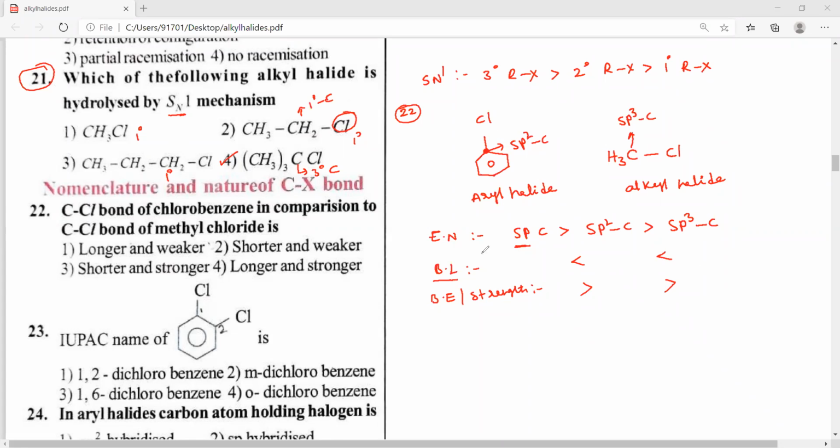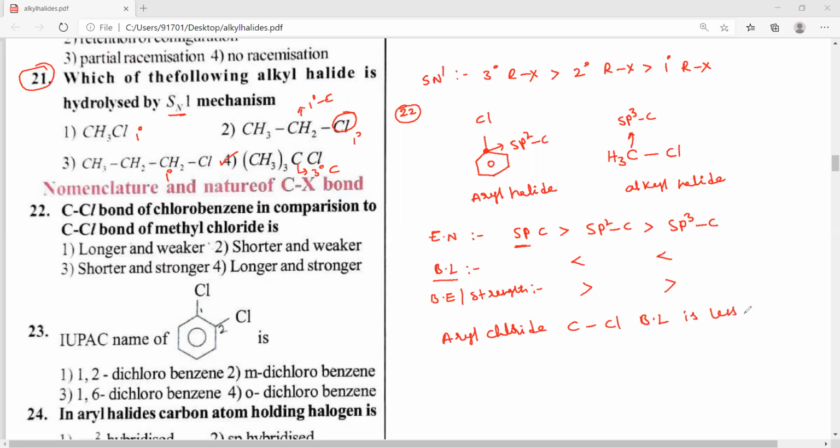Now in aryl halides, the carbon and chlorine bond length is less, a shorter bond length.